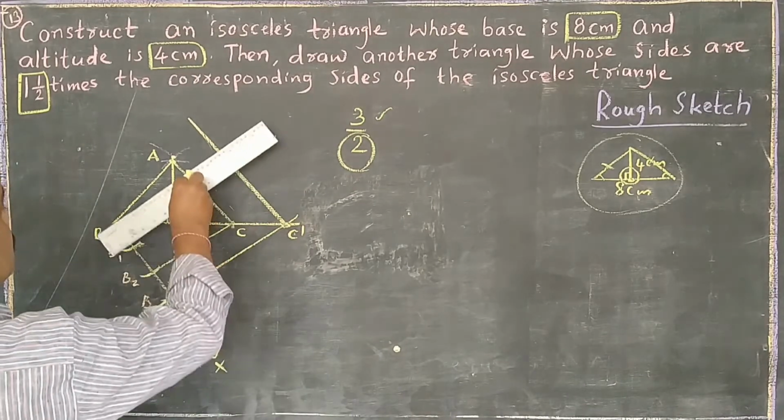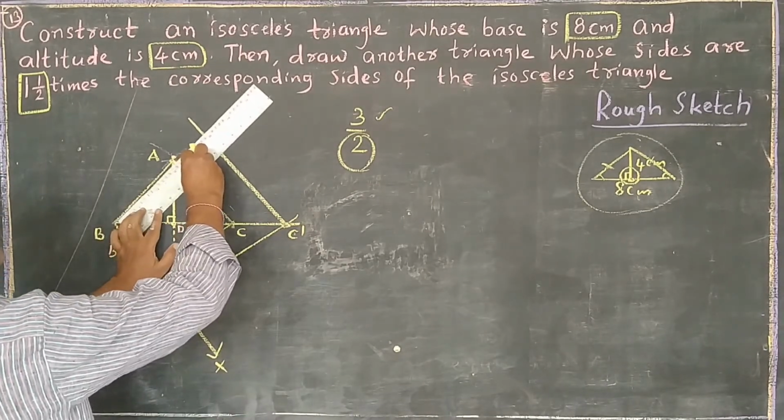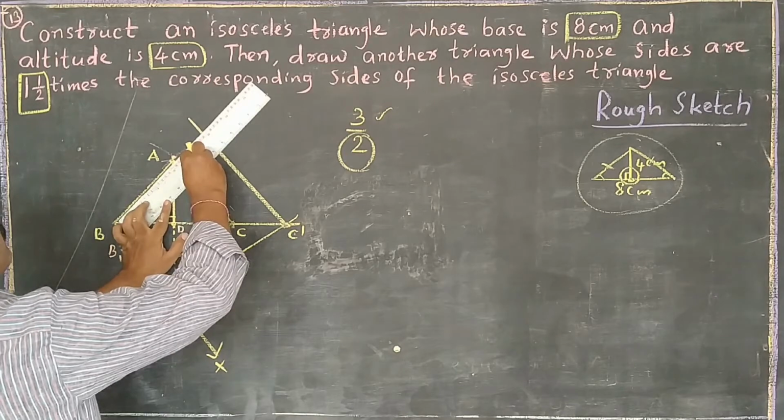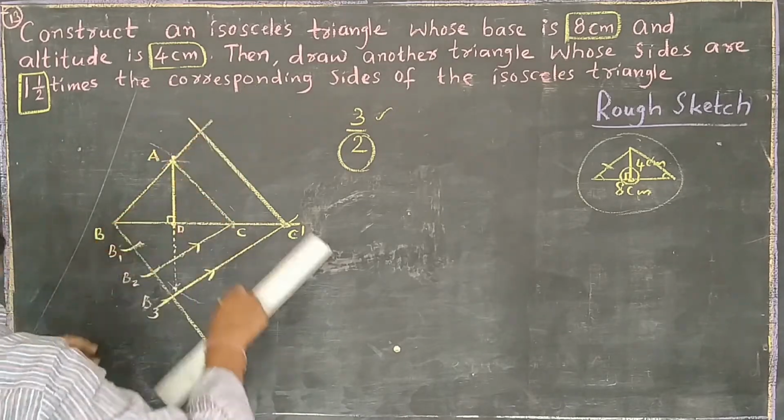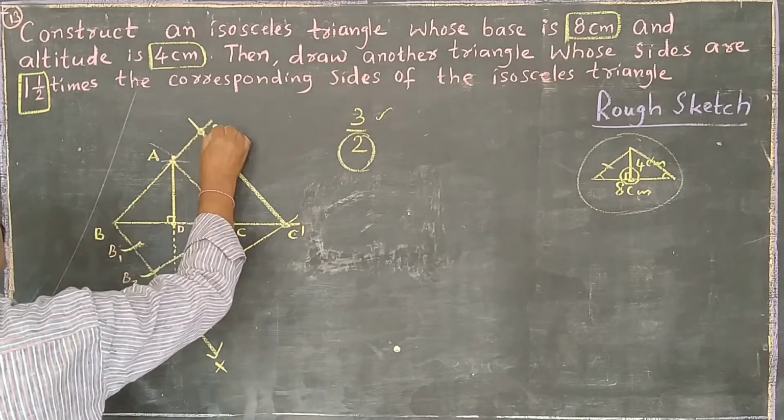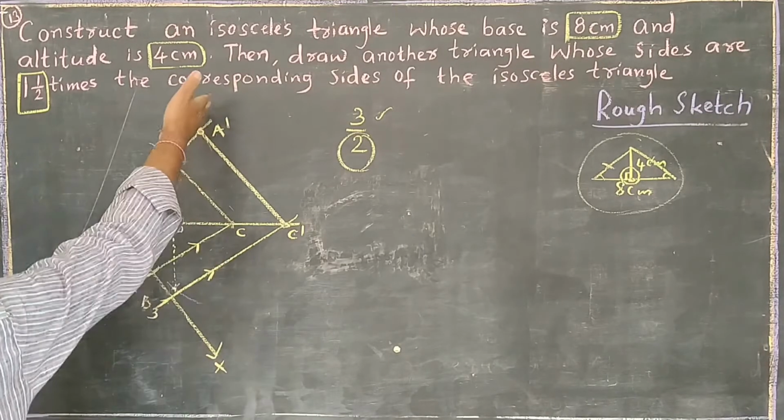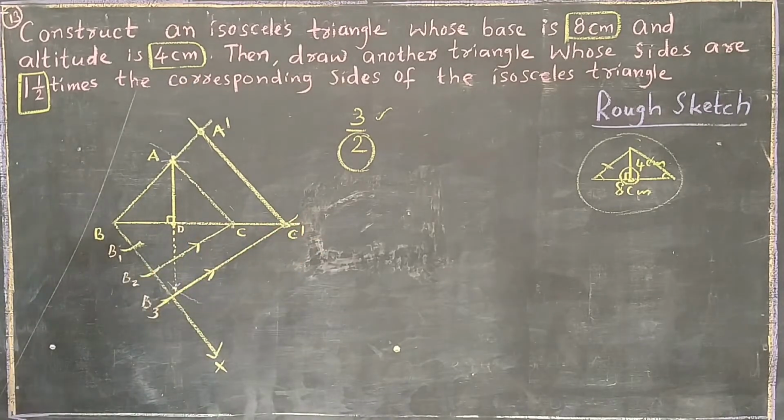Also produce BA, so they intersect at A dash. So the required triangle A dash B C dash is formed.